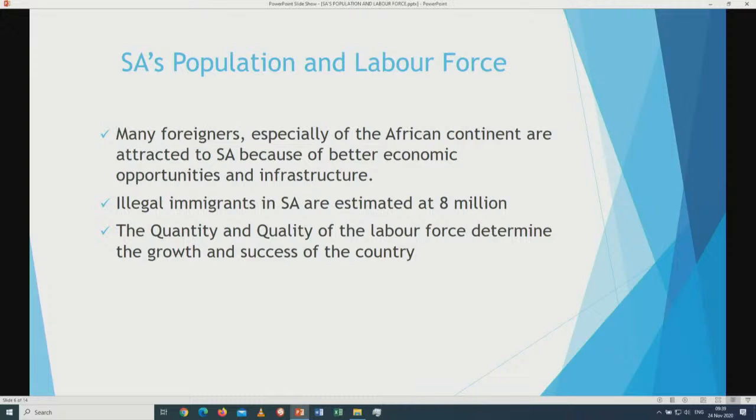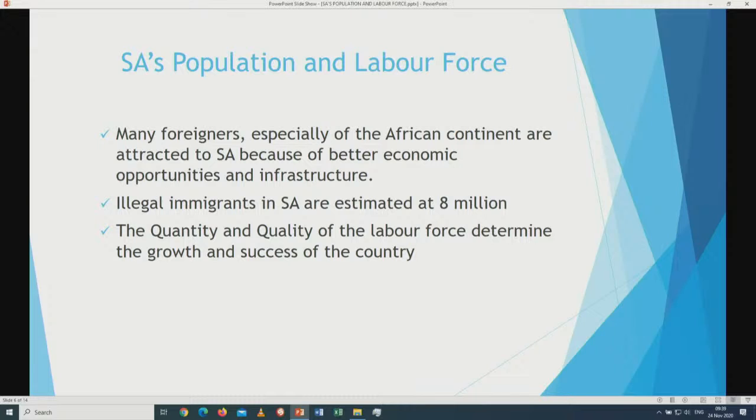When we've got a skilled labor force, then the country will be able to benefit from skilled labor, and the country will be able to achieve success as compared to unskilled labor. If the labor is unskilled, then there's nothing really that the country can benefit from.